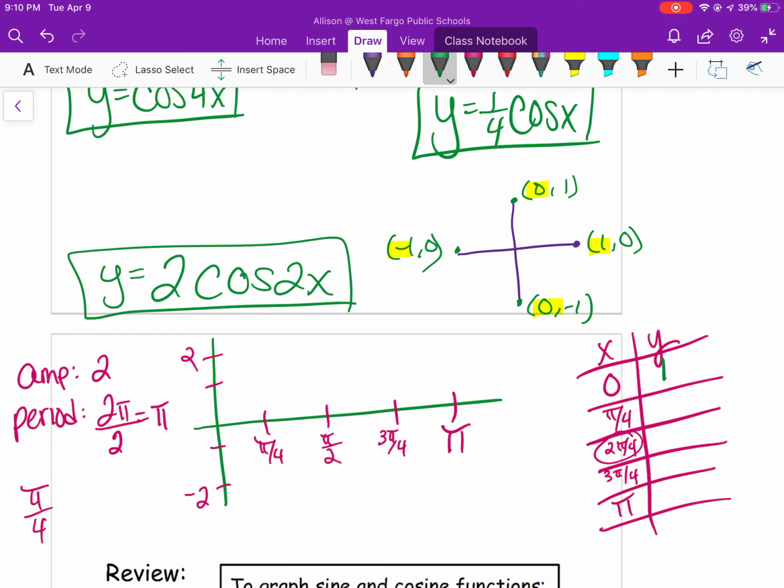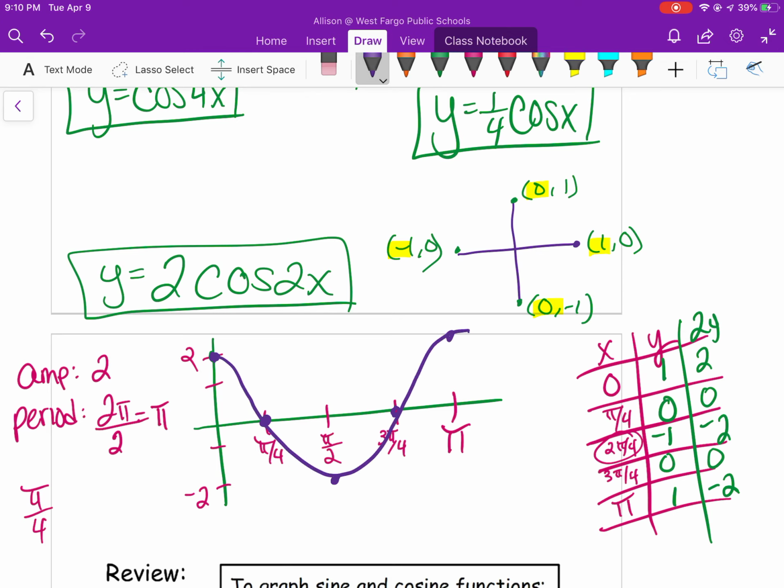And then this one was an amplitude of 2, so 2, 0, -2, 0, back to 2. So it starts at 2, change back to a different color. Then it goes to 0, then -2, 0, back up to 2. So the one period of cosine kind of looks like the big U.